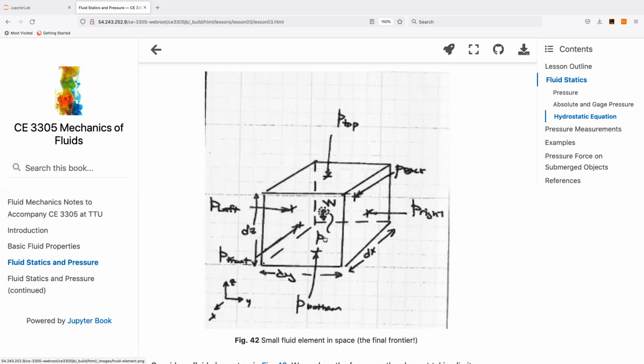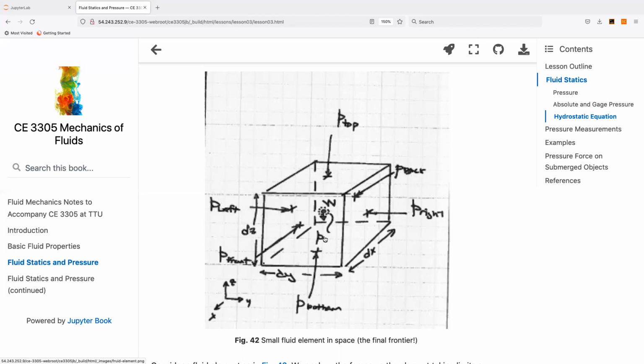And right there in the middle, the little starry thing represents the centroid of the cube, and it has a W next to it. Speculate what the W might mean. Weight, correct. And there's also a little arrow indicating P sub zero, which is the pressure right there at the centroid.